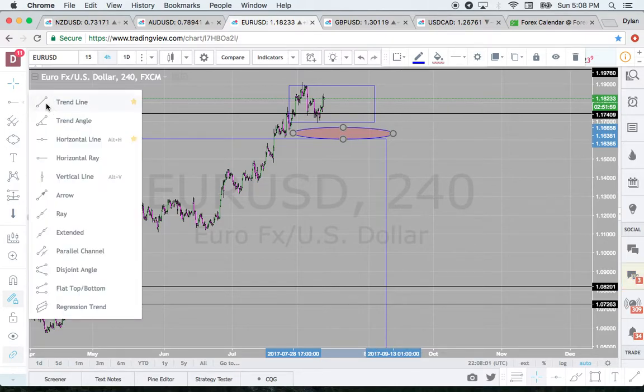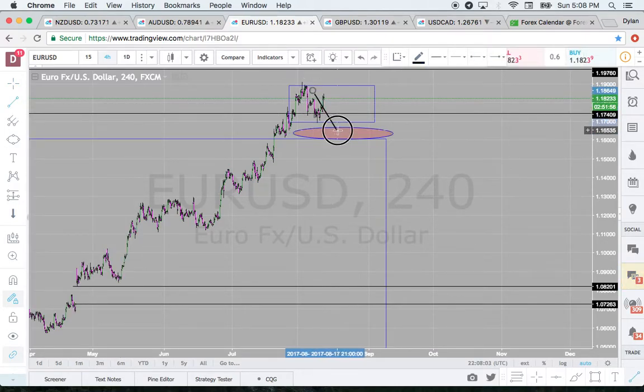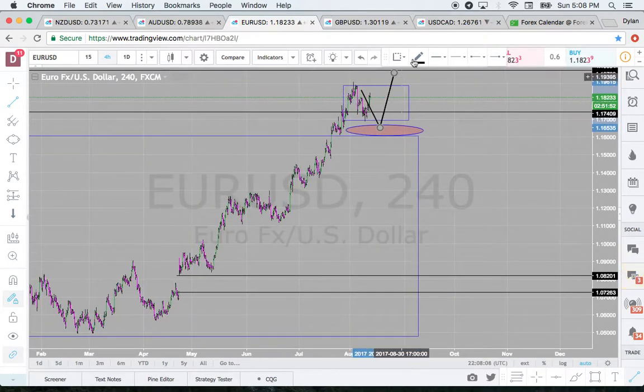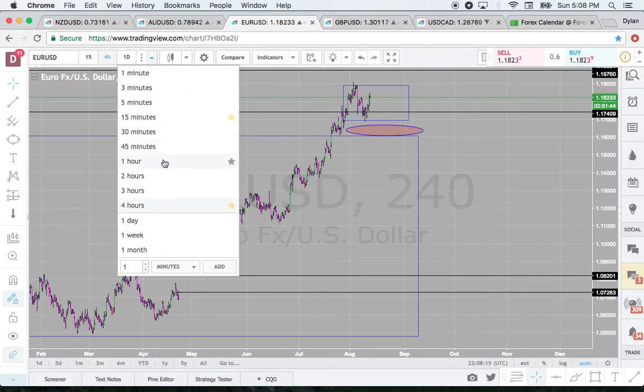So something similar to this, and then fill the gap at 1.2. Now that's just looking at the 4-hour macro chart.